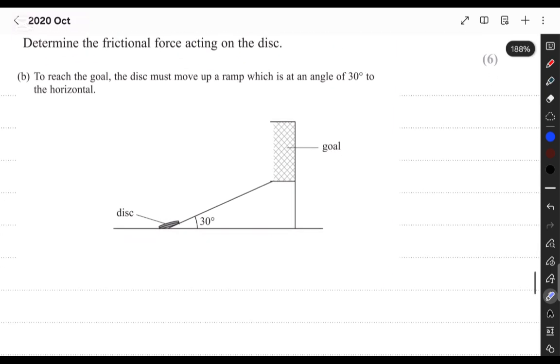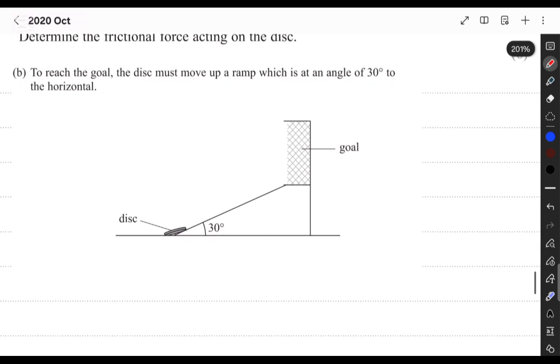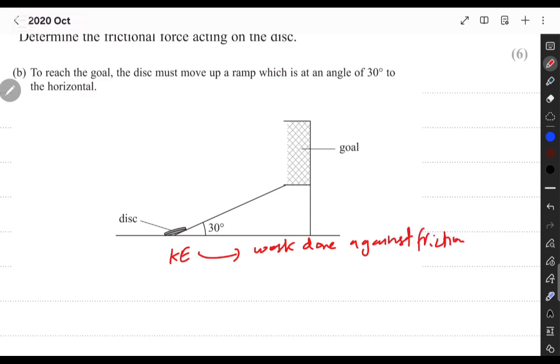So what's actually going on here is the disk has a kinetic energy, and we are losing this kinetic energy and it is being converted into the work done against friction. Kinetic energy is also being converted into gravitational potential energy because the height is going to be increasing.